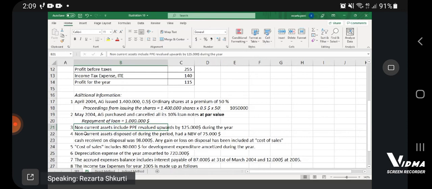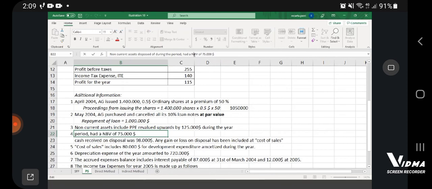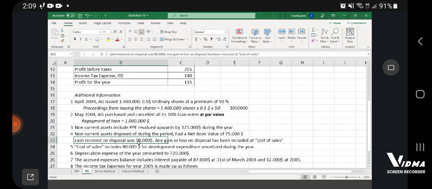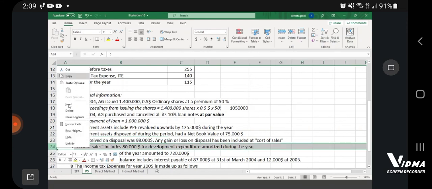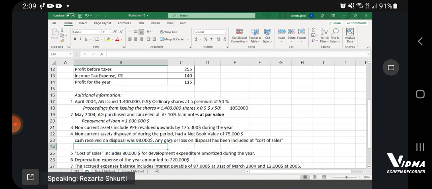But also non-current assets involve assets that are disposed during the period having a net book value, maybe this should be easier like that, net book value of $75,000. We are receiving on the disposal $98,000. Now, something else that we can add here is that any gain or losses on disposal of these assets have been included at the item cost of sales.